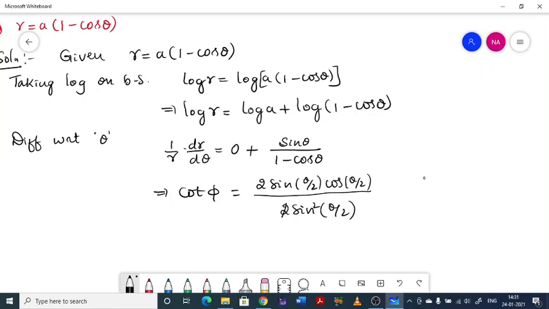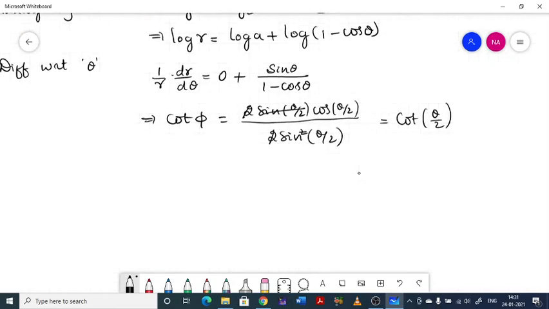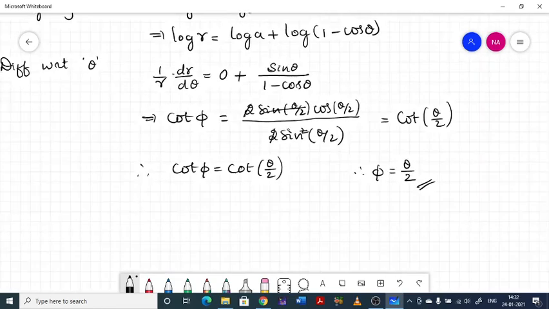So 2 cancels, one sin cancels, you remain with cos of theta by 2 divided by sin of theta by 2, that is cot of theta by 2. Therefore we got cot phi equal to cot of theta by 2. Therefore phi equal to theta by 2.